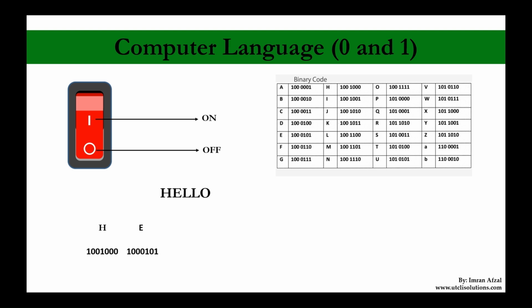Same thing, E translates to 1000101. L, L, and O is 1001111. So that's like a cheat sheet the computer has, and the computer knows that when the letter H or E comes in, it has to translate it into binary.